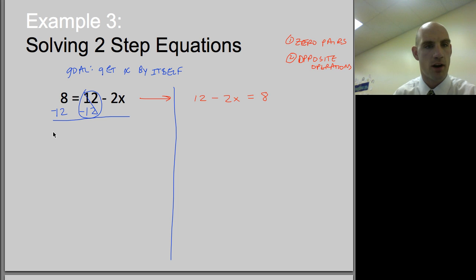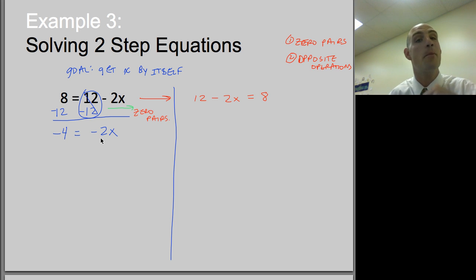So 8 minus 12 would be negative 4 equals minus 2x. Now, that was zero pairs. Okay? And now I'm going to do opposite operations.